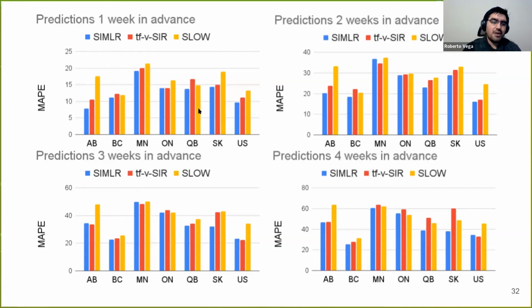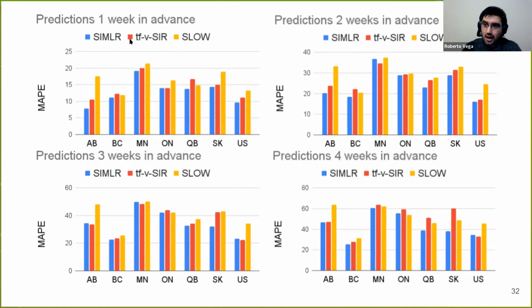So for example, we make predictions 1, 2, 3, and 4 weeks in advance for the major provinces in Canada, Alberta, British Columbia, Manitoba, Ontario, Quebec, and Saskatchewan, and in the US as a country. And we compare basically 3 different models. The first one, the blue one, is SIMLR, the one that we are proposing.